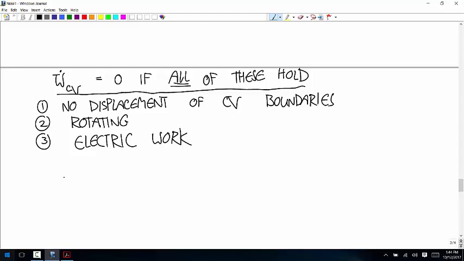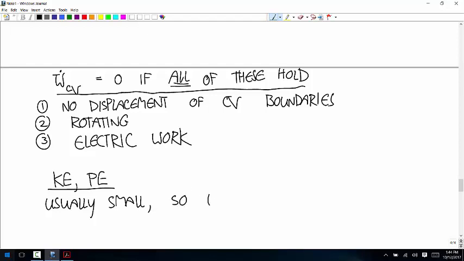And then the last one, kinetic energy and potential energy. These are usually small compared to the other changes in energy. So we're usually going to ignore these.